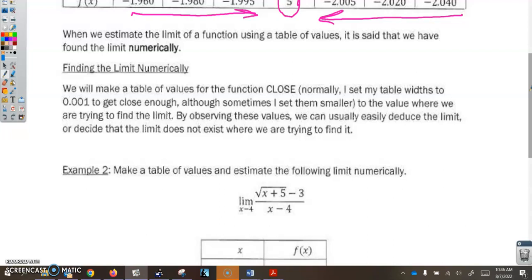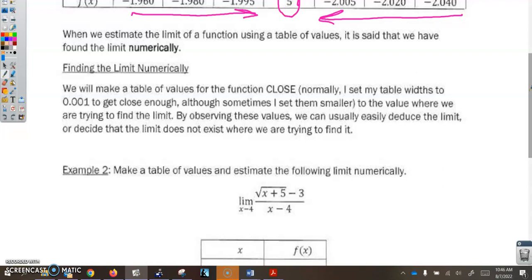Sometimes I set them smaller depending on the function, but I'm pretty consistently setting them to 0.001. Sometimes you can make them bigger. 0.01 will be good enough. But in general, from my experience, if you're using 0.0001, that's good enough. Okay?